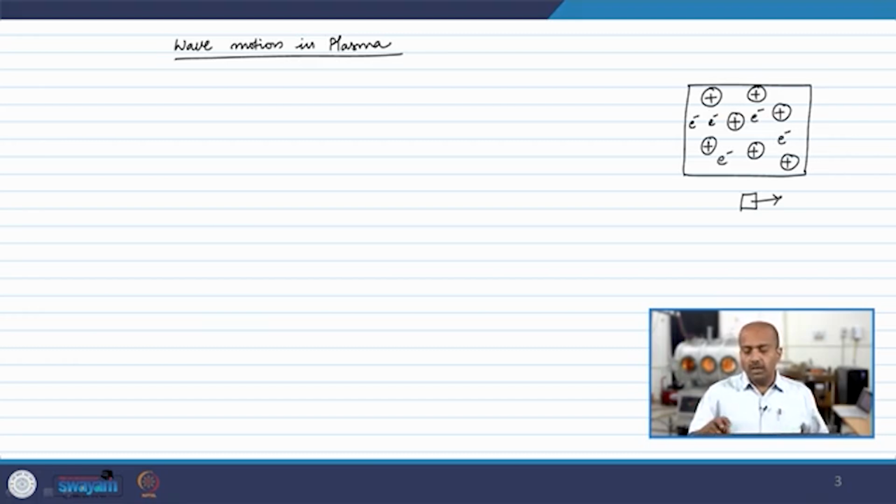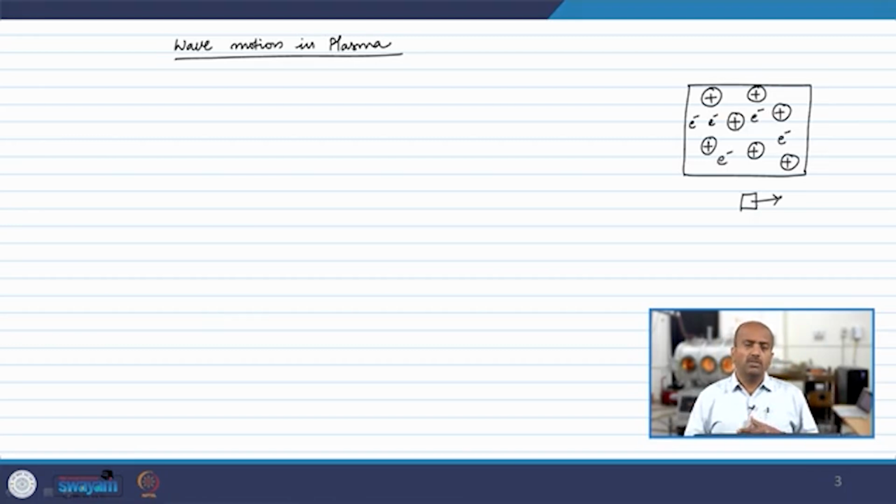So, if you displace some electrons, by displacing them you are setting up an electric field, and the plasma will adjust itself by moving such that the additionally created electric field is nullified. Right. In this process, the electrons will move to the point where the electric field is set up, and if the electrons are moving, they have mass and they have some inertia.